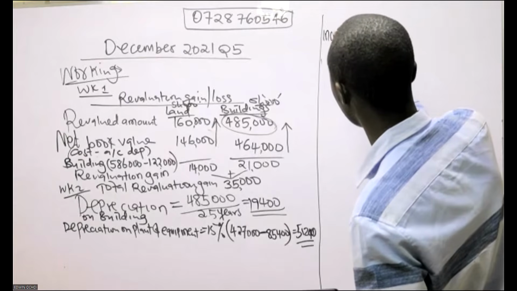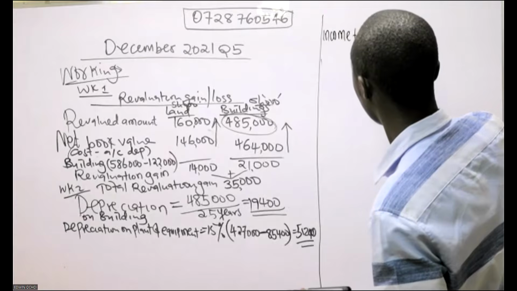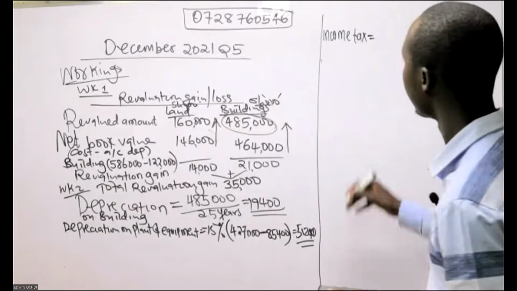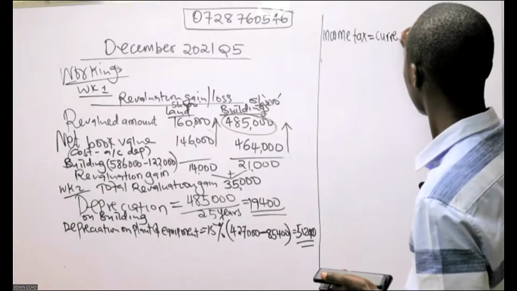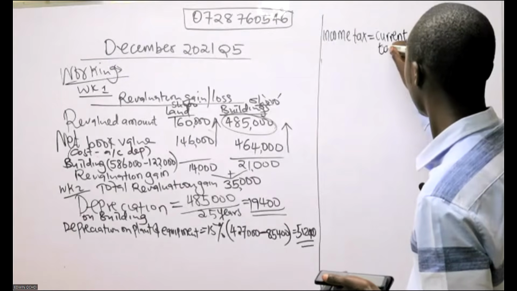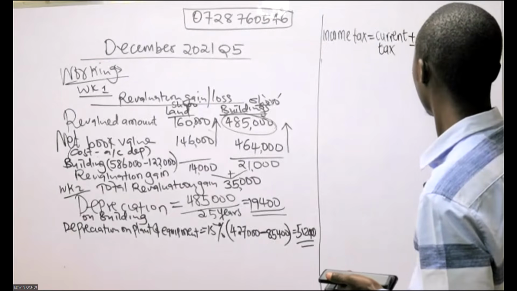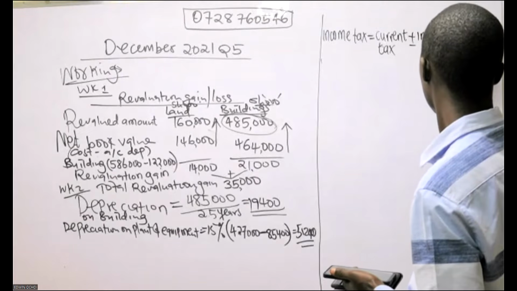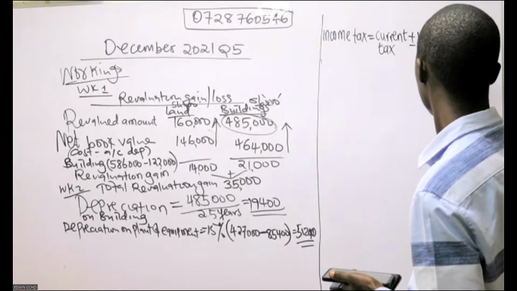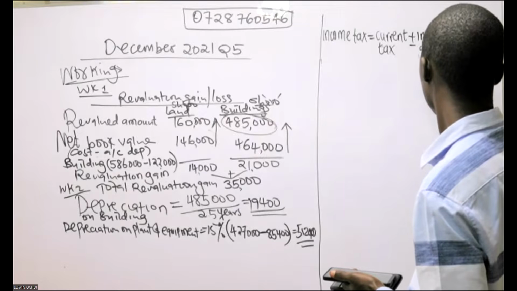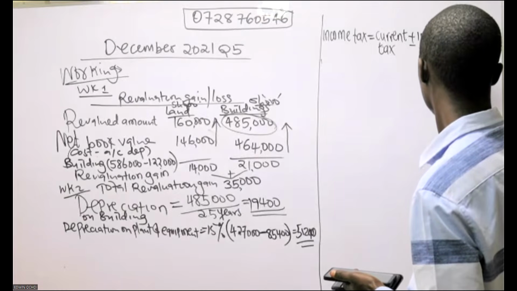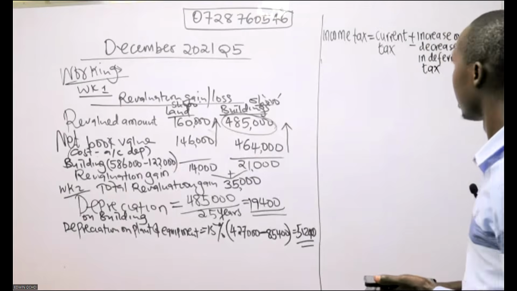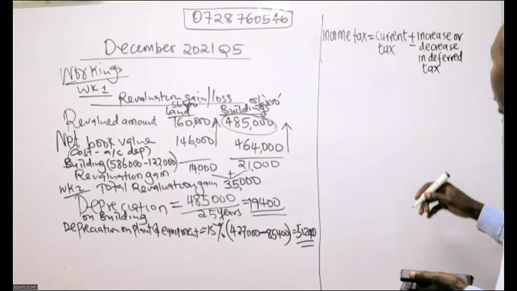For the income tax, we have to talk about the current tax plus or minus increase or decrease in deferred tax. Increase or decrease in deferred tax.